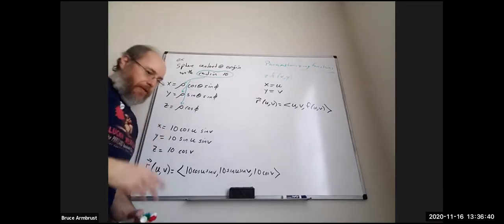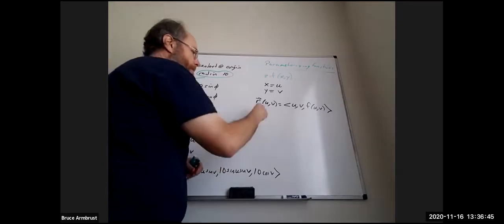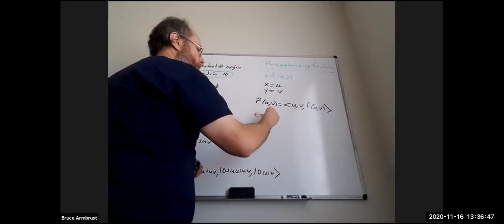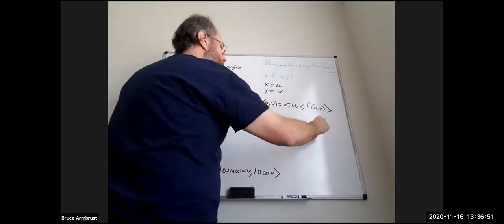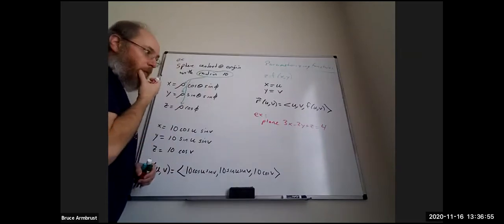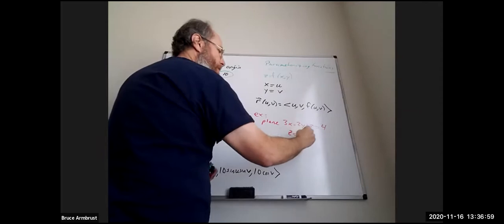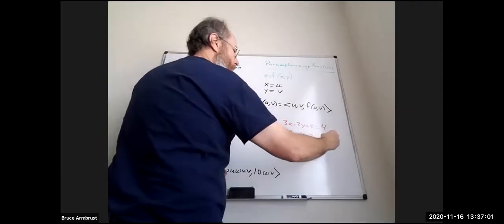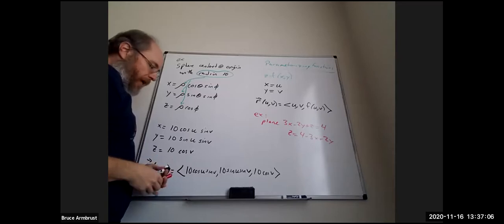So for example, let's just do a plane real quick. What if we had the plane that was given by 3x minus 2y plus z equals 4? So what we want is z equals, so if we just change this real quick, we get z is equal to 4 minus 3x plus 2y.